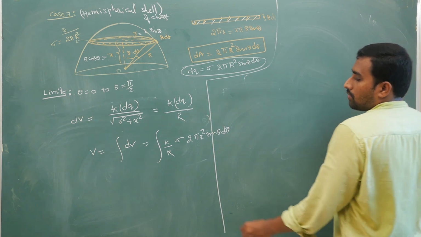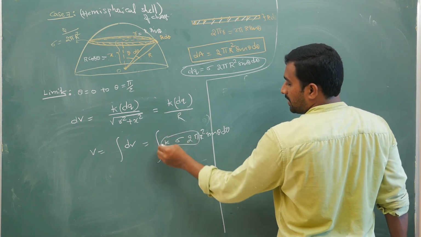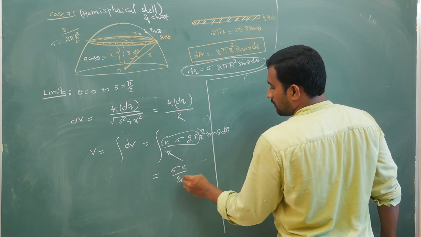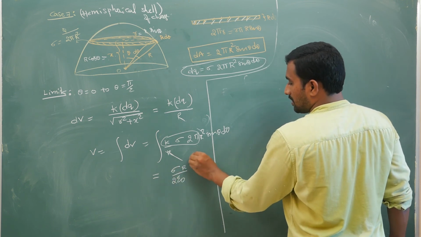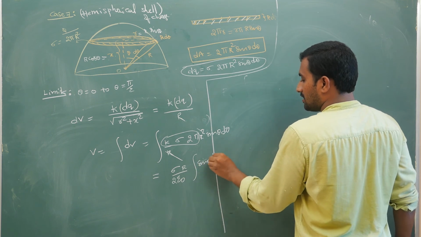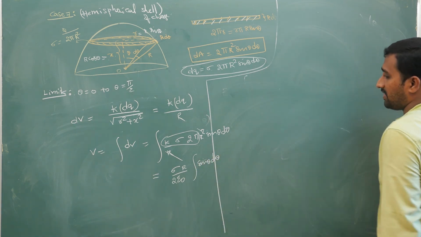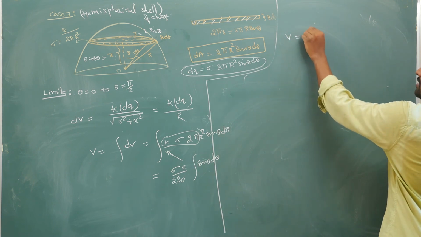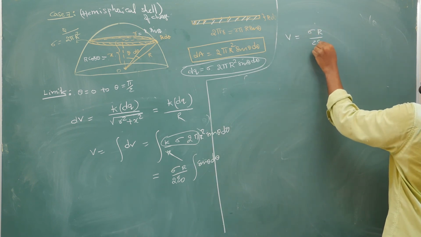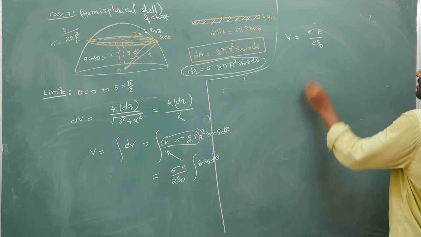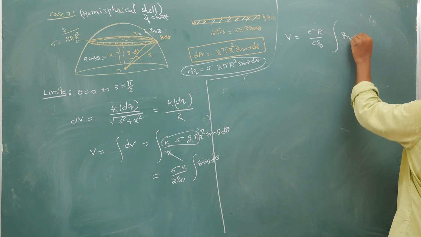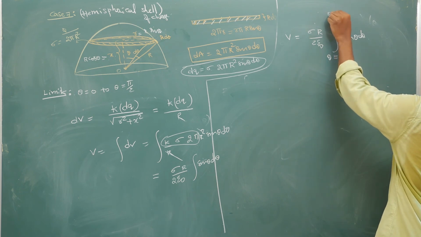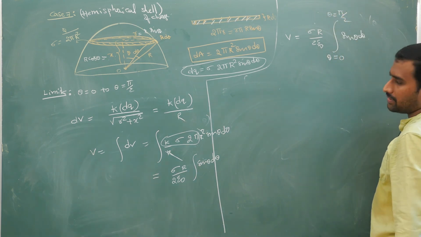Okay, so k into sigma into 2 pi, one r will go off, you are going to get sigma r by 2 epsilon naught times integral sin theta d theta, if you are simplifying it correctly. So your total potential is sigma r by 2 epsilon naught, which is constant, you have taken it out of the integral, times integral of sin theta d theta from theta equal to 0 to theta equal to pi by 2.